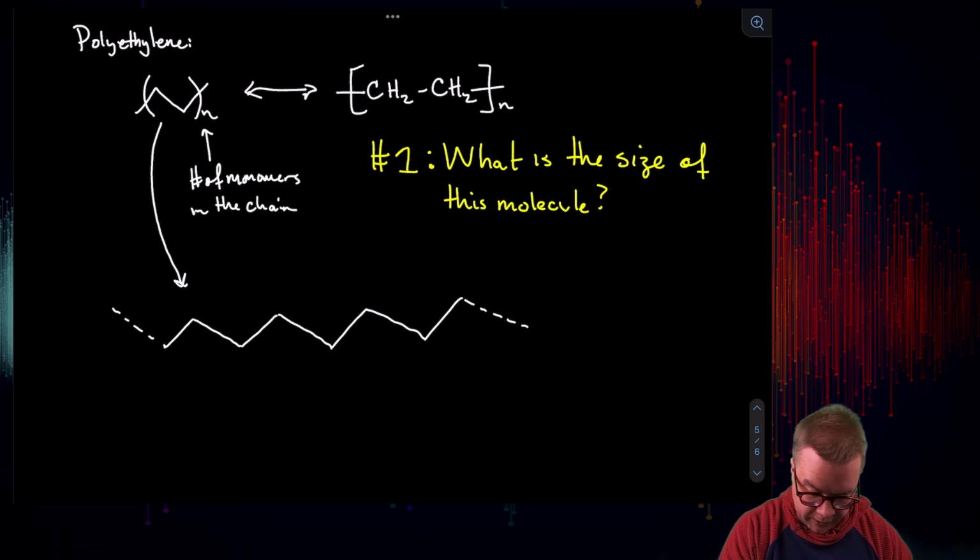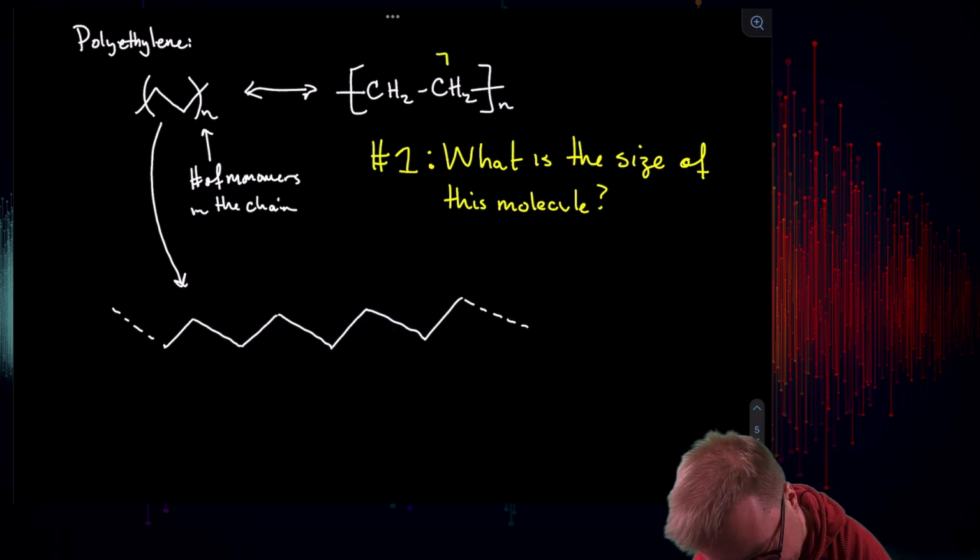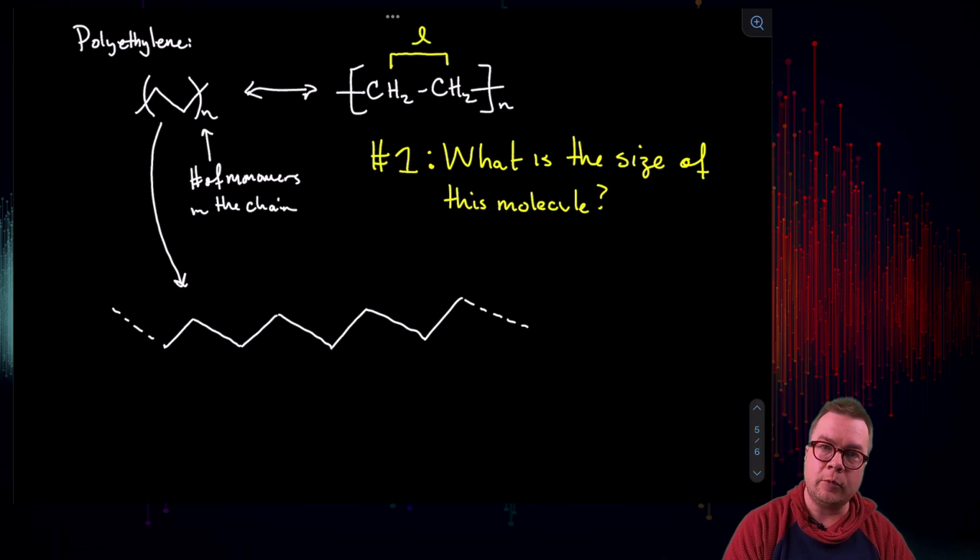So one of the things that we can do is we could assume that each one of these bonds, so this CH2-CH2 bond, will have a certain length to it, L, and we'll assume that it's the same, okay, that it doesn't vary that much.